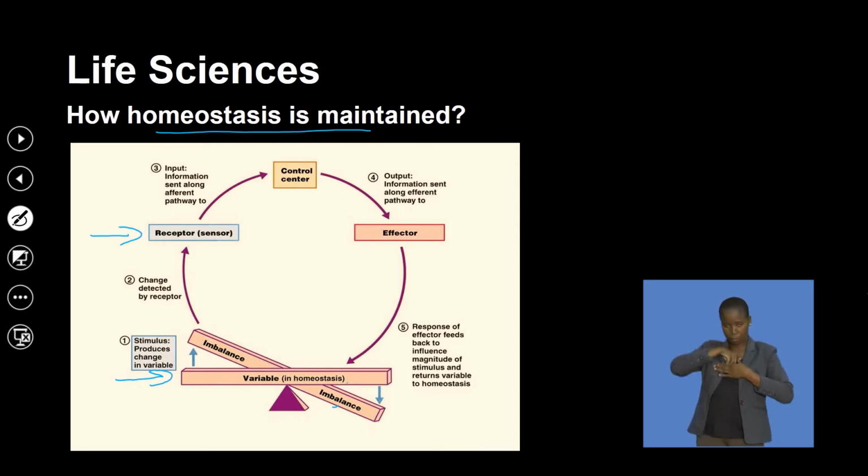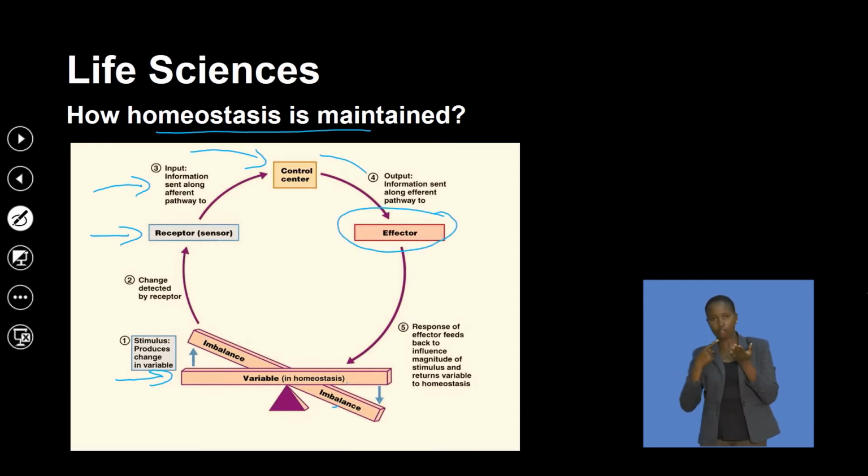It then informs the control center, which sends a signal to an organ called the effector. That effector responds to the stimulus and brings about a change, which tries to bring the body back to balance or restore what the imbalance was.